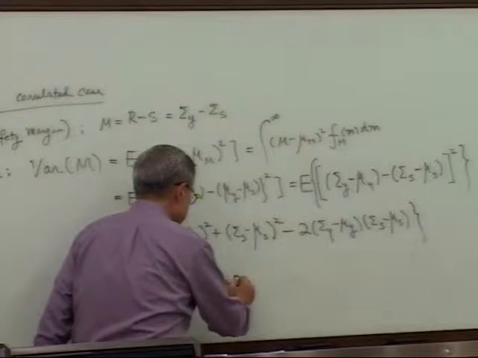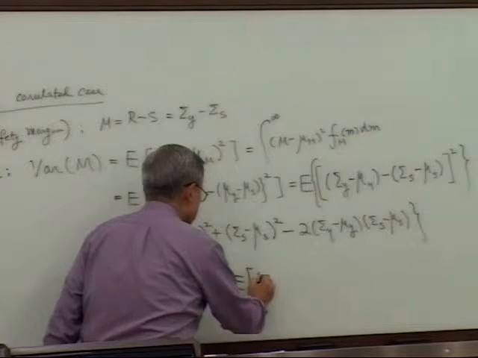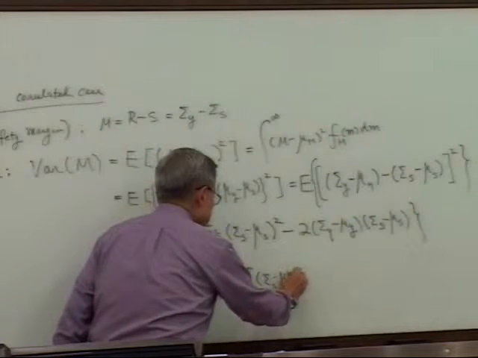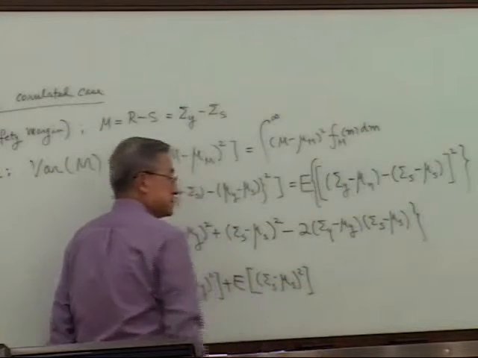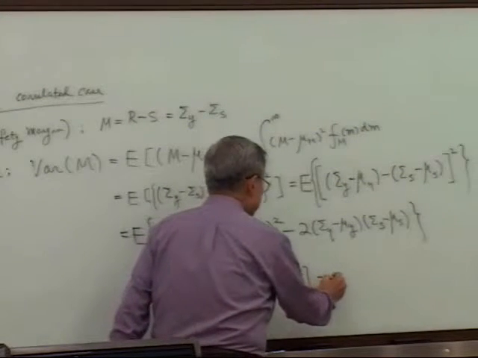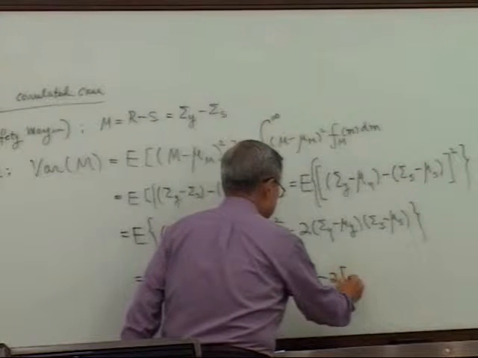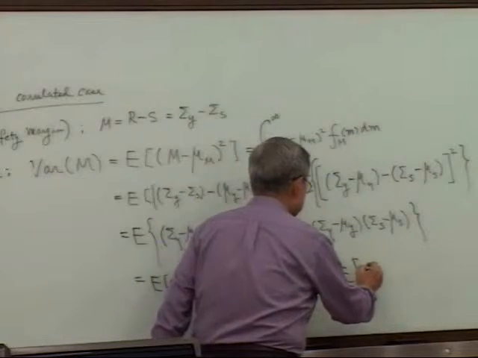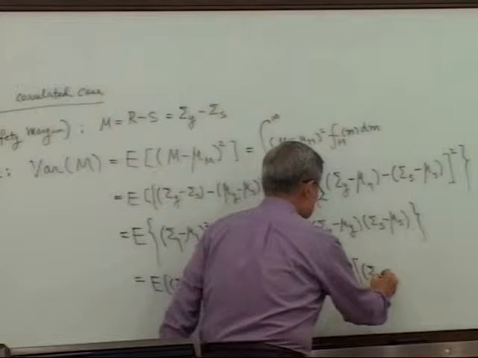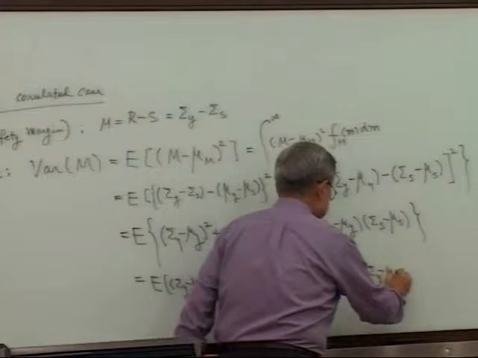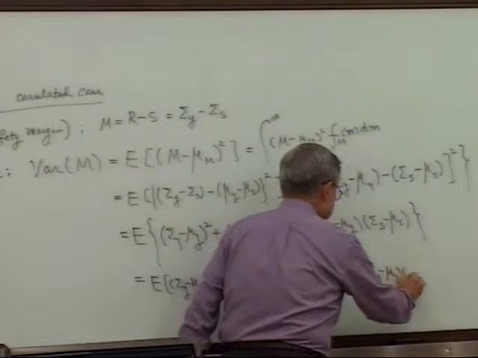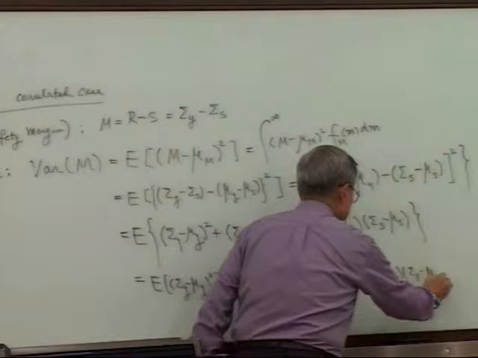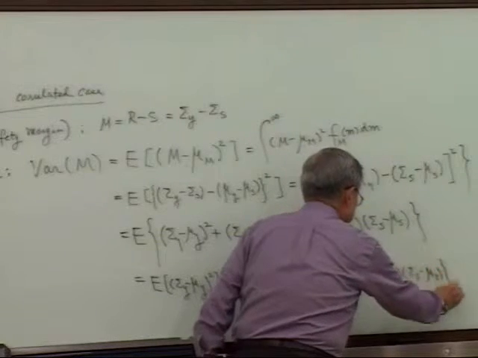And plus E of (sigma s minus mu s) squared, minus 2 E of (sigma y minus mu y)(sigma s minus mu s).